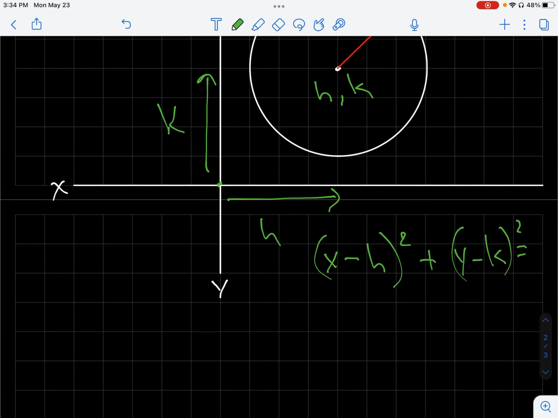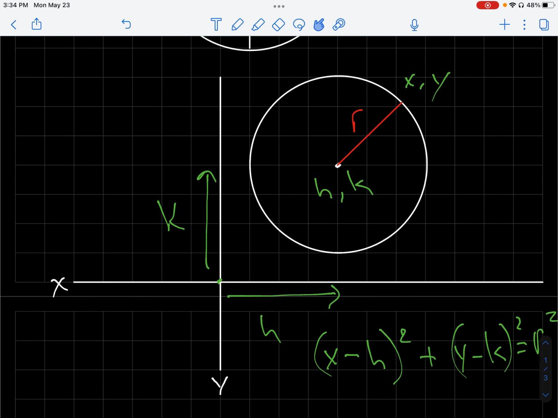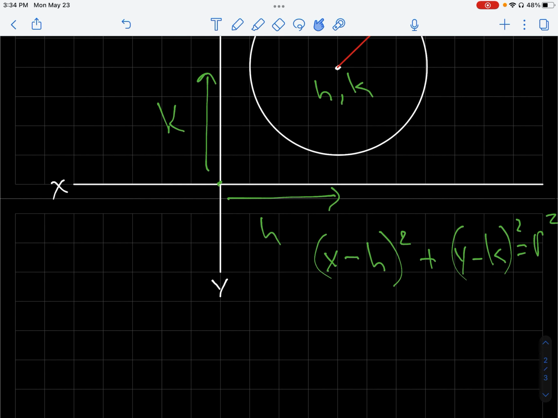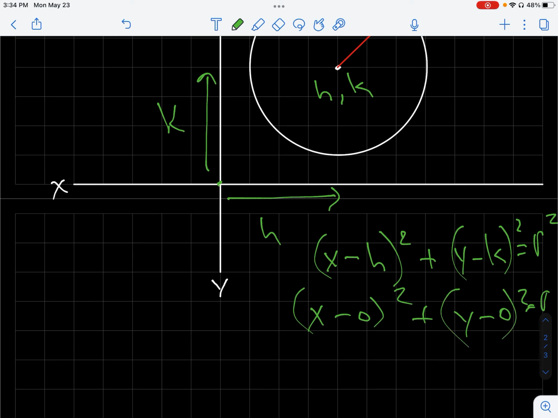is going to equal r squared, which makes perfect sense if you think about it, because when it's on the origin, x minus 0 squared plus y minus 0 squared equals r squared, or x squared plus y squared equals r squared.